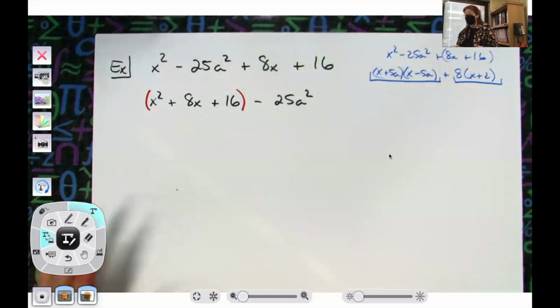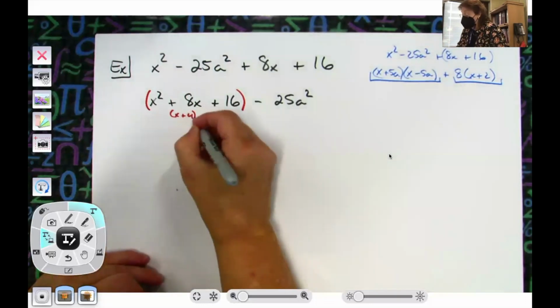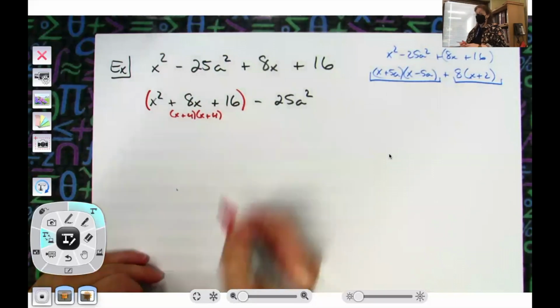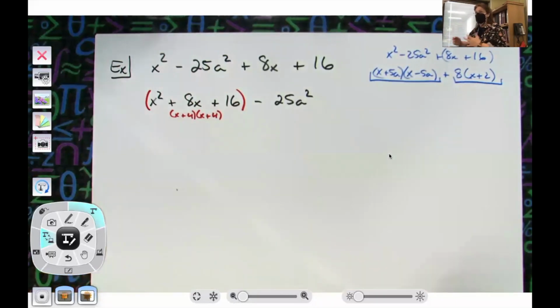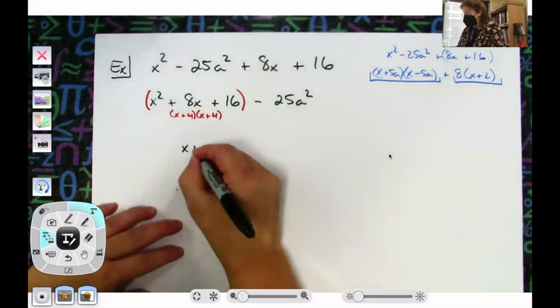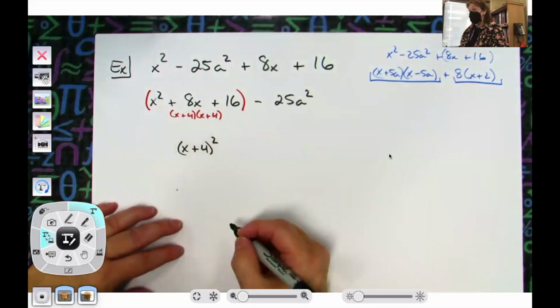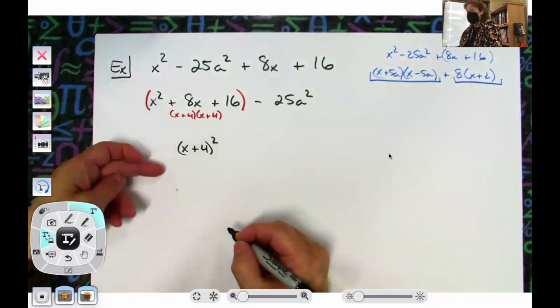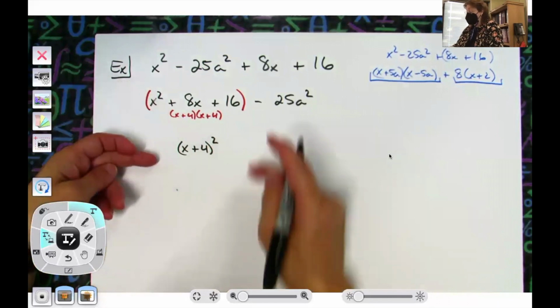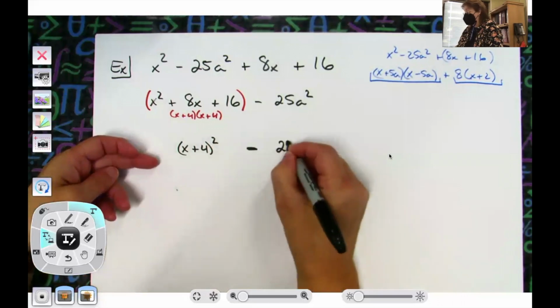Even if you didn't recognize it, you could do it the long way, guess and check, and you would get x plus 4, right? I don't want to write x plus 4 twice, because that doesn't help me visualize anything. What I want to do is write this as an x plus 4 quantity squared, because this is a perfect square trinomial. I want to bring down the minus sign, and then I want to have the 25a squared.